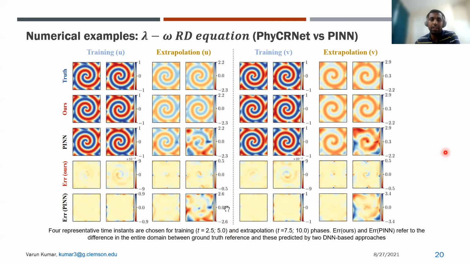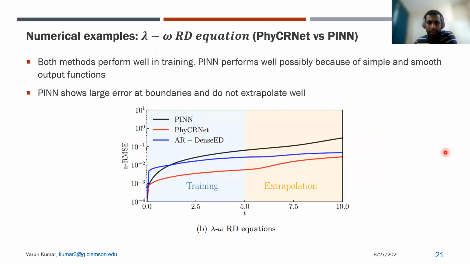So even in this case, we see that PhyCRNet seems to be outperforming PINNs, at least in the extrapolation phase. In terms of error propagation, PhyCRNet again seems to have better error propagation compared to PINNs. And one of the comments they had in the work was that PINNs show larger error at boundaries and do not extrapolate well. That is something they have pointed out in this work.